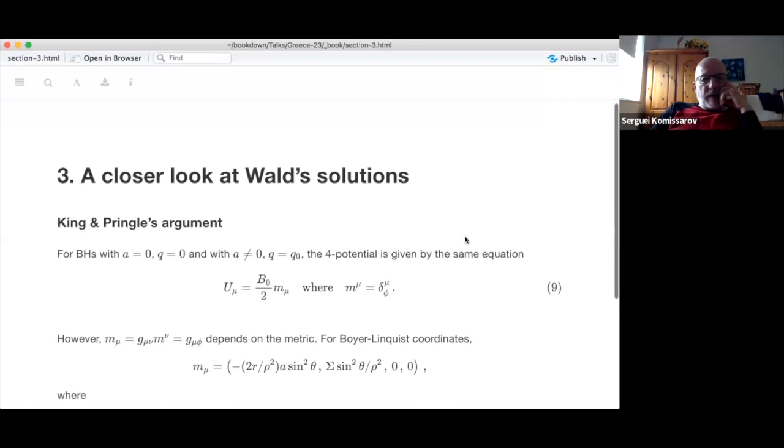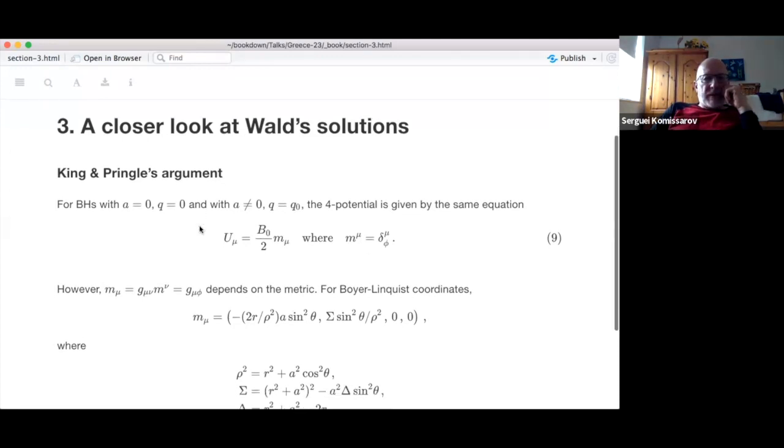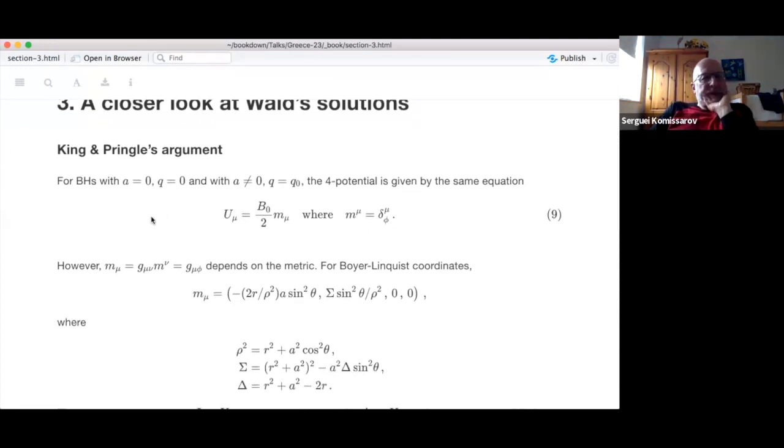Okay, so now we can have a closer look at the Wald solution. All right, and I'll start with the answer to the paradox by Kim and Pringle. Right, so once again, let me remind you, they're saying that if we have a non-rotating black hole with no charge and a rotating black hole with Wald charge, then the four-potential is given by exactly the same equation.